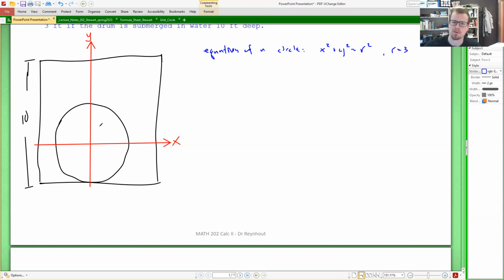So I can describe the points on here as x squared plus y squared is equal to 9. So now I have descriptions for all of these points. All right, so I have an equation that gives me my points. I know how deep everything is. We should be okay for the most part. We just have to think pretty carefully at this point. So we'll continue to label this as we need to.